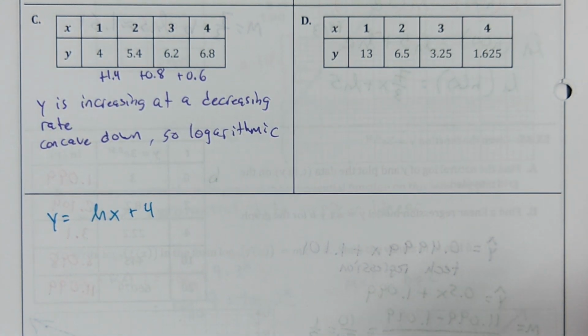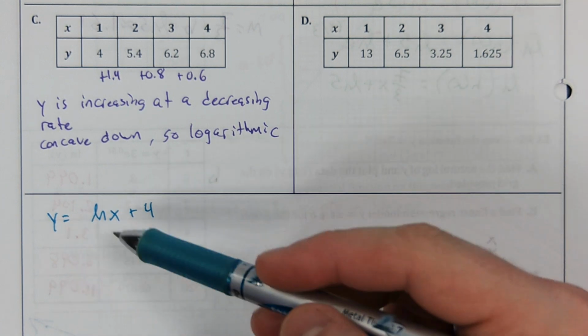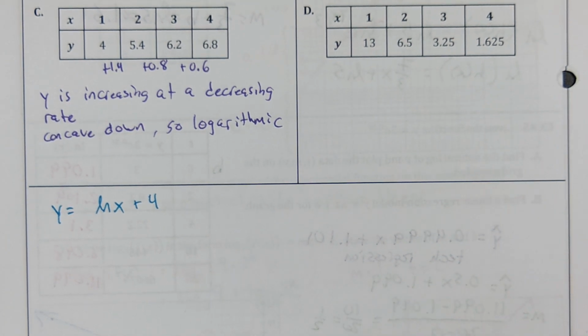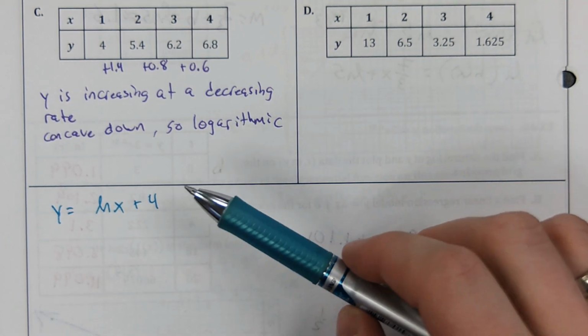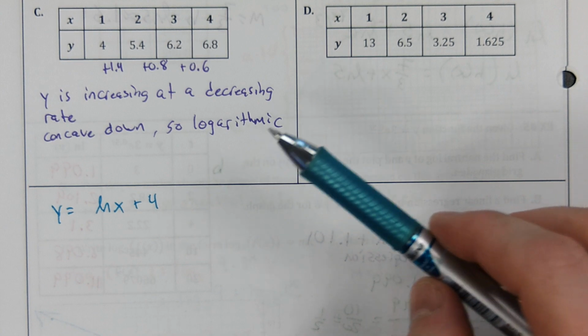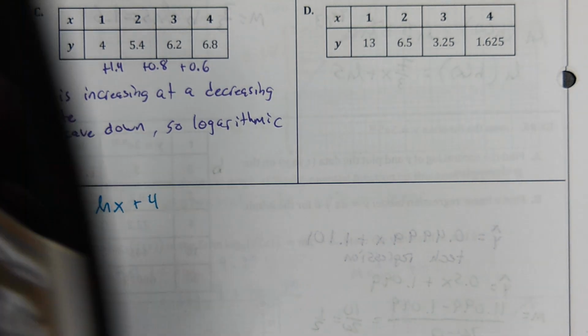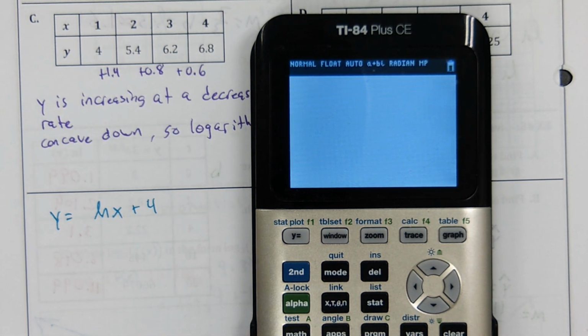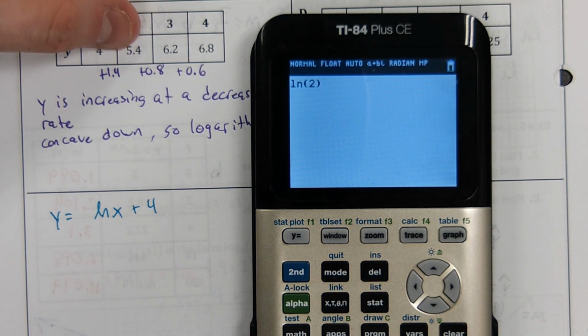And now, to try to figure out if this is good enough, go to the next coordinate. Drop in x equals 2. We're trying to figure out if it's just ln of x plus 4. So we grab our calculator, we pretend that we had the ability to do this by hand, and we say, what is the natural log of 2? Let's see if it is 1.4.